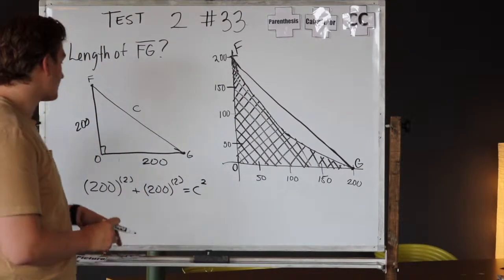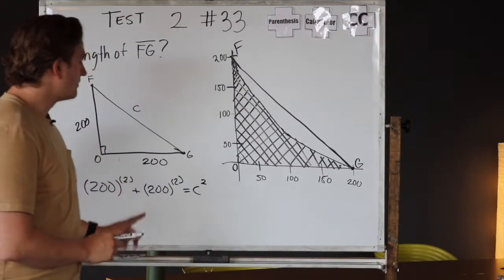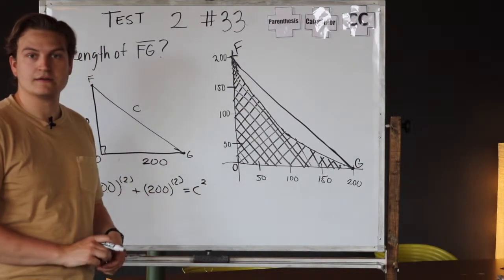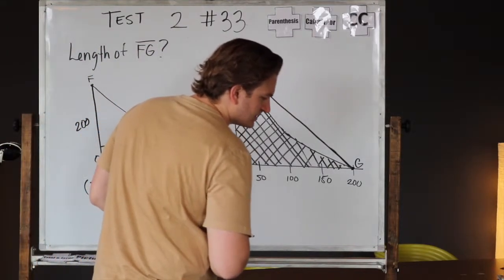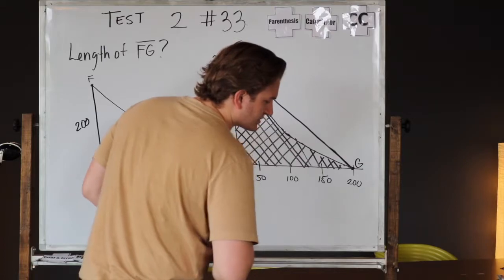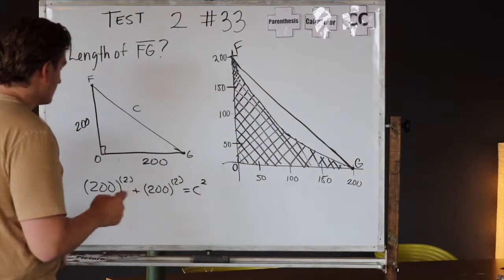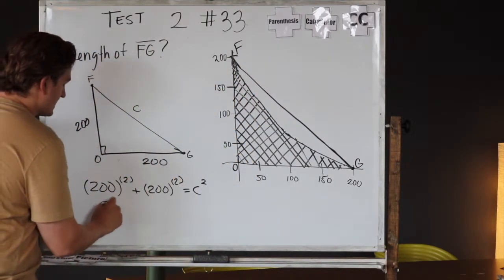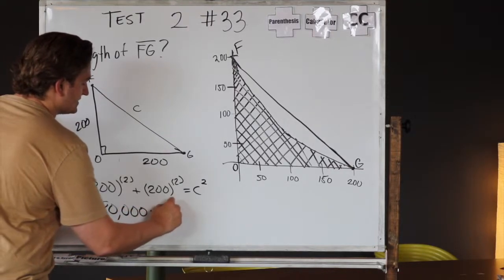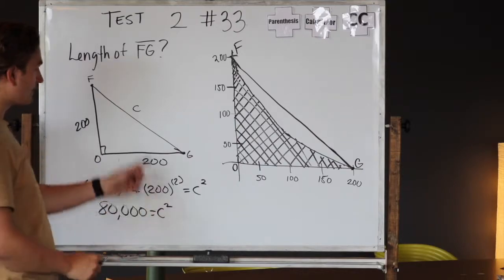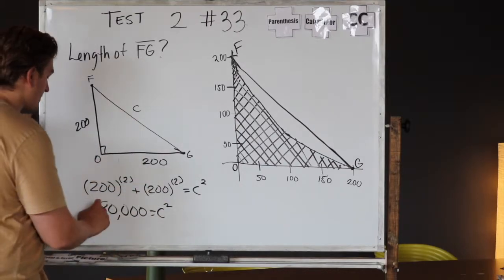So on your calculator I would type in 200 squared plus 200 squared. I do know the answer: it is 80,000 equals C squared.